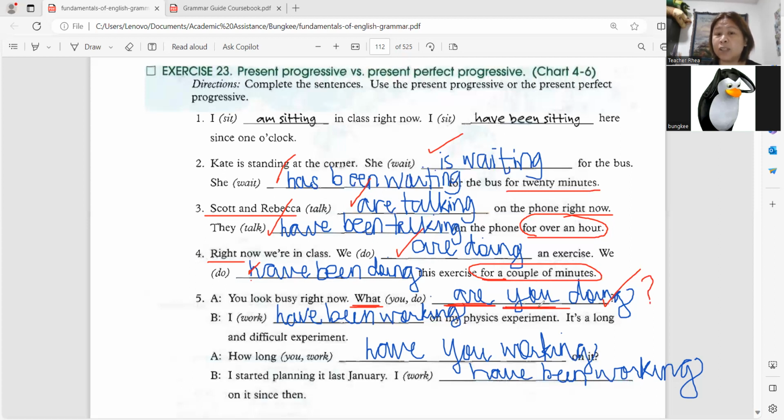Then the verb is in the ing form because it's progressive, it's continuous. The activity is continuing. So the question is, what are you doing right now?